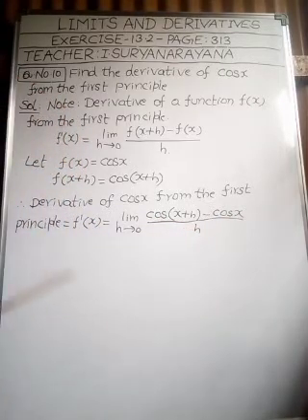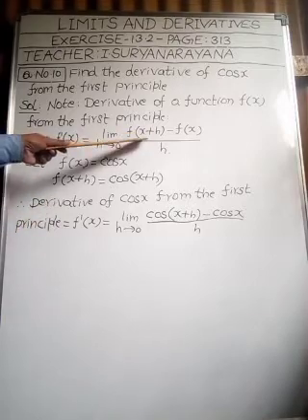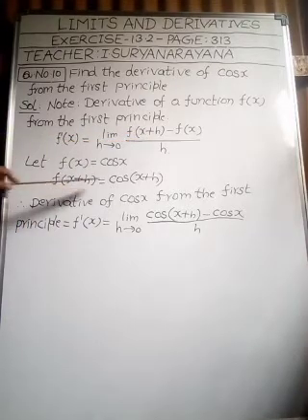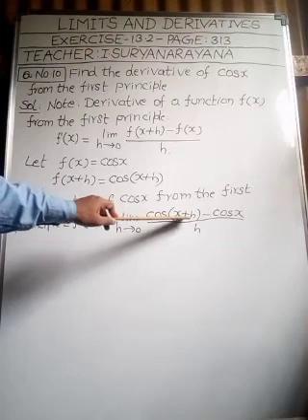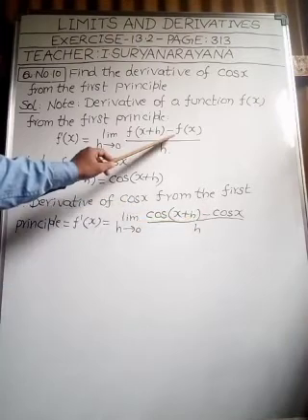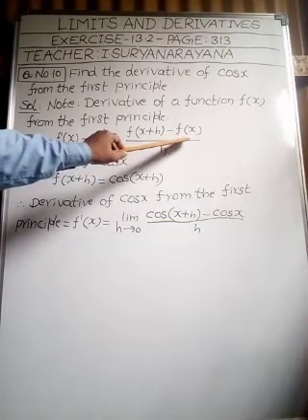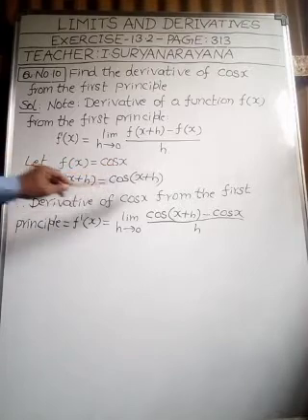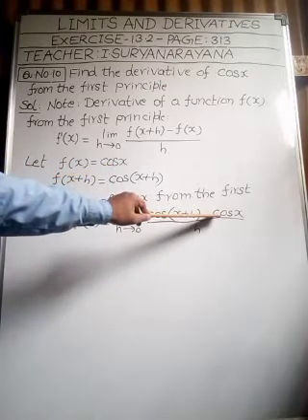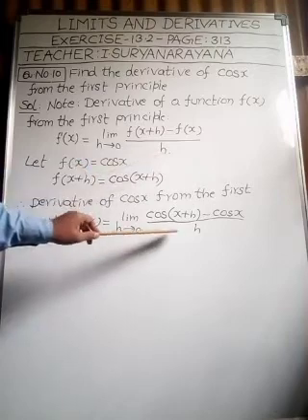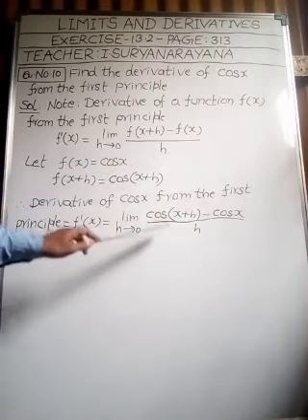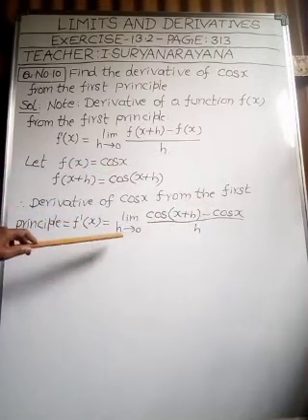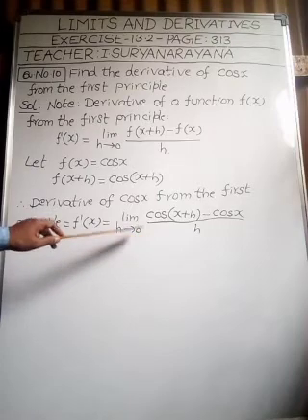Here f of x plus h is there in the numerator, that is the first term. What is f of x plus h? Cos of x plus h. So we wrote cos of x plus h minus, what is the second term in the numerator? f of x. What is f of x here? Cos x. Understood this numerator, whole divided by h. So we have to find the limit of this function as h approaches 0.